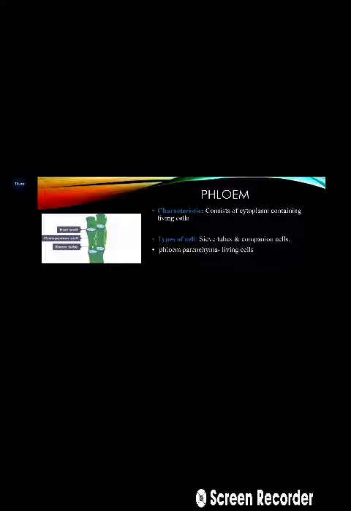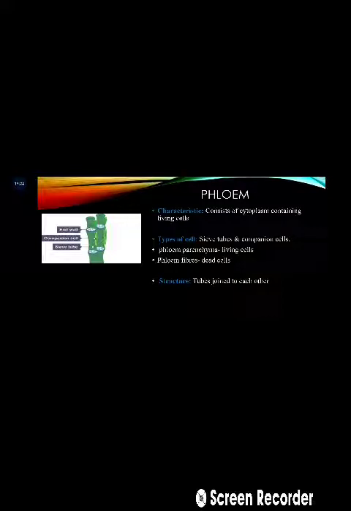Nucleus contains all the genetic information. So the sieve tube does not have any nucleus. Whatever genetic information is there, it is provided by the companion cell. The second cell type is phloem parenchyma, and the third is phloem fibers, also known as phloem sclerenchyma.